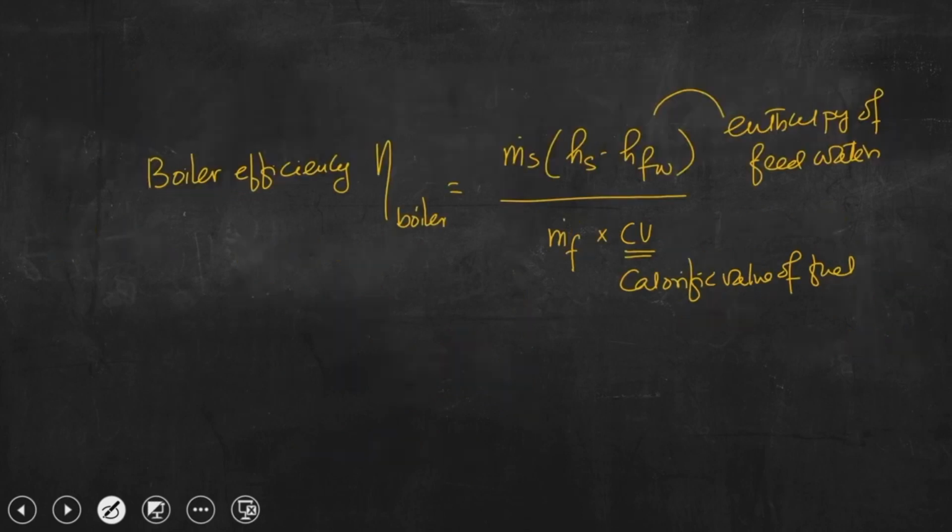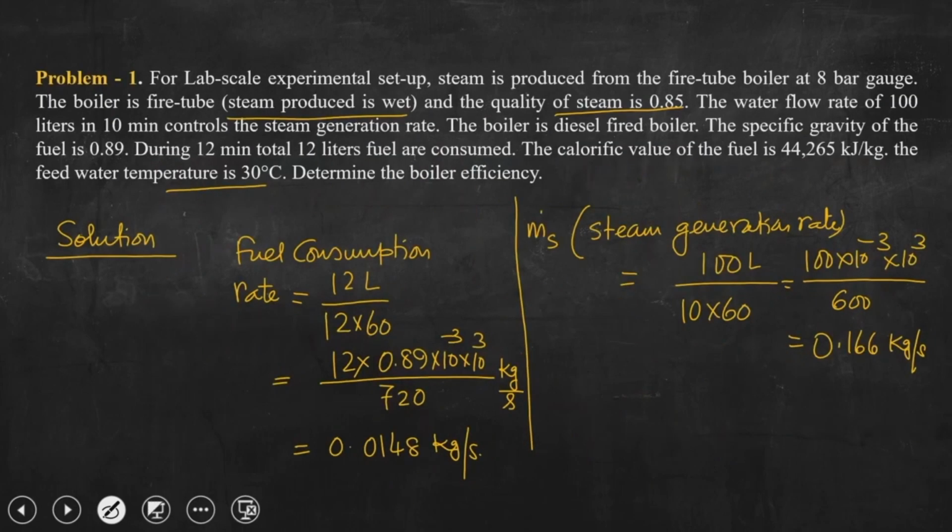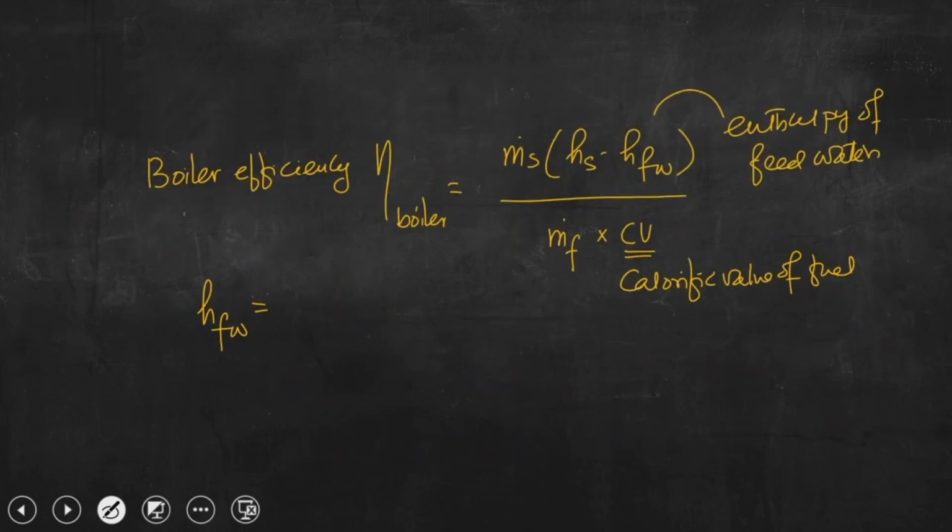Nothing is mentioned about the pump work, and we really do not know what the pump work is. Because the feed water temperature is given as 30 degree Celsius at the inlet to the boiler, we shall consider that HFW is Hf at 30 degree Celsius, and we can get it from the steam table, and that is 125.74 kilojoule per kg, right.